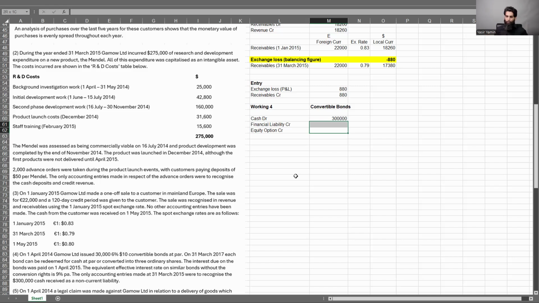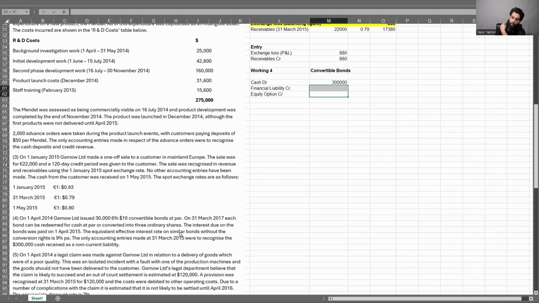Make sense? So it says that on 31st March 2017, which is 3 years after, each bond can be redeemed for cash at par or converted into 3 ordinary shares.